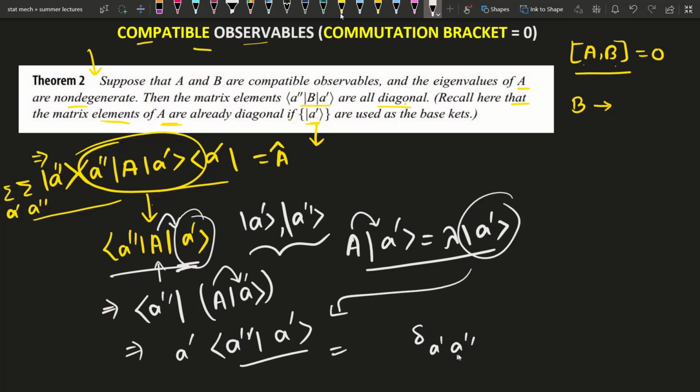Whenever A dash and A double dash are equal, only then this value will be A dash, and otherwise this will not give you any value. That means this will be 0.